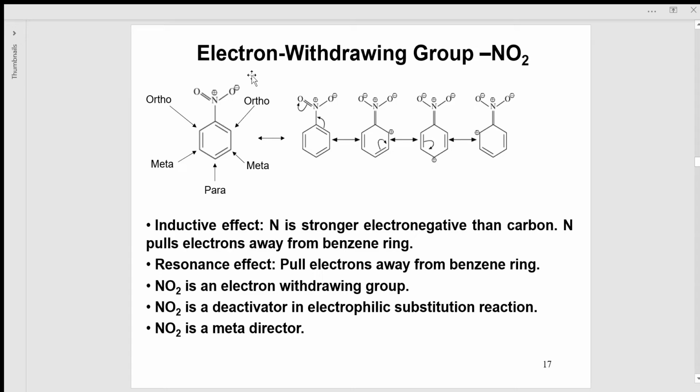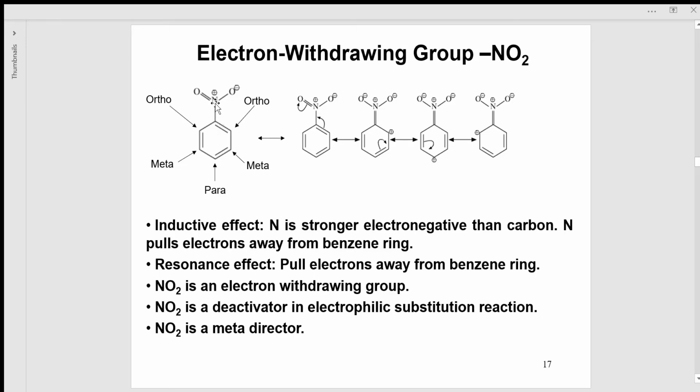Is it an electron withdrawing group or an electron donating group? Again, we need to analyze 2 effects. The first one is the inductive effect, the second one is the resonance effect.